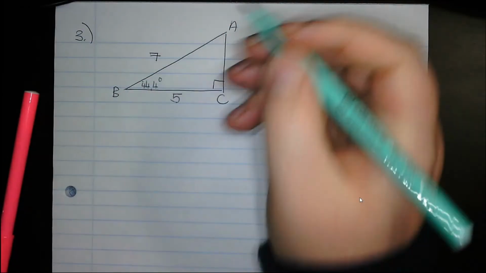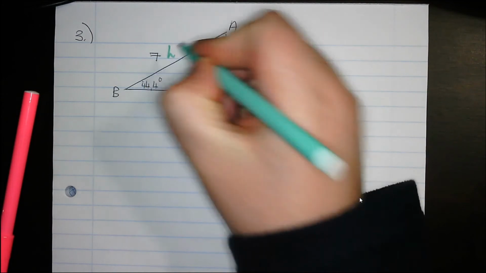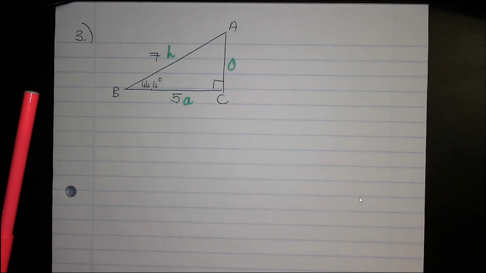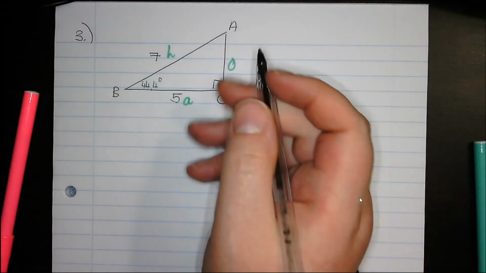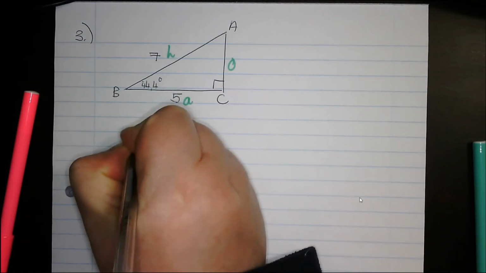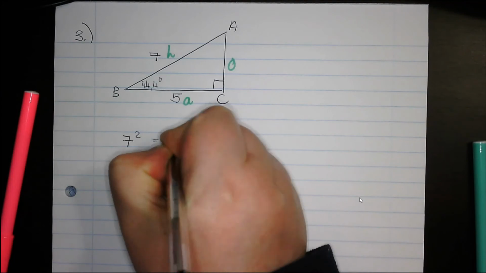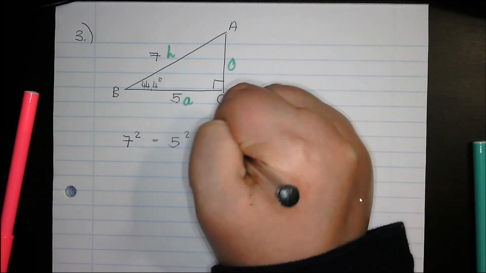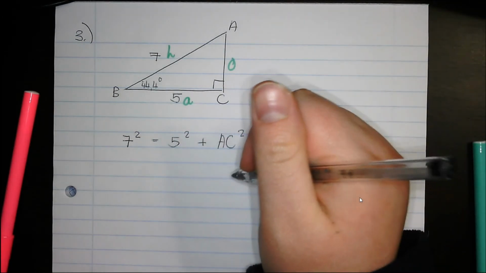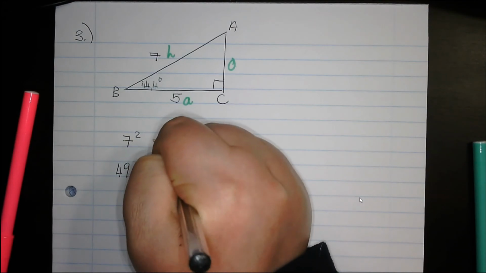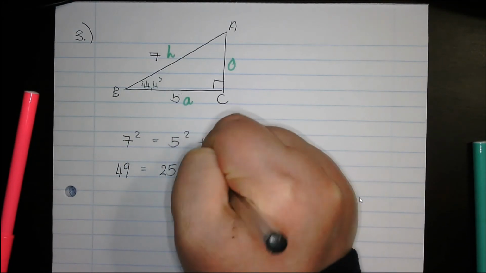But what I'm going to do is I'm going to do Pythagoras. This is the hypotenuse, this is the adjacent, and this is the opposite. You can use your trig ratios for this, but I'm going to use Pythagoras. Pythagoras says that the hypotenuse squared is equal to the adjacent side squared plus the remaining side squared, the opposite side squared. So this gives us 49 equal to 25 plus AC squared.